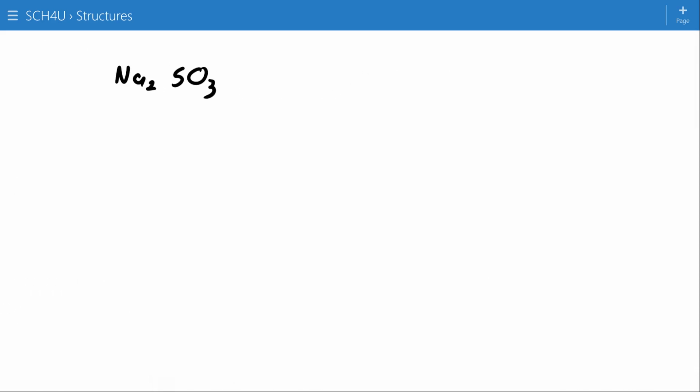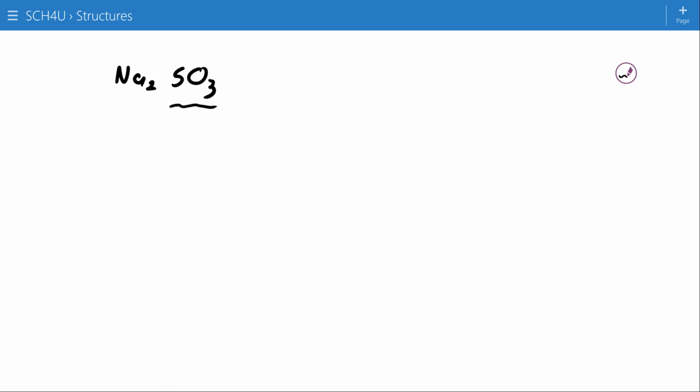So if I want to do the Lewis structure for this overall ionic substance, basically what I do is I treat it as 2 individual ions. I do the covalent structure for the sulfite on its own. I do a big Lewis structure there, and then I have the sodium. It's simple because it's just the sodium having lost its electrons, and then I can put it together into a bigger Lewis structure. Let's use this as an opportunity, though, to do an example.